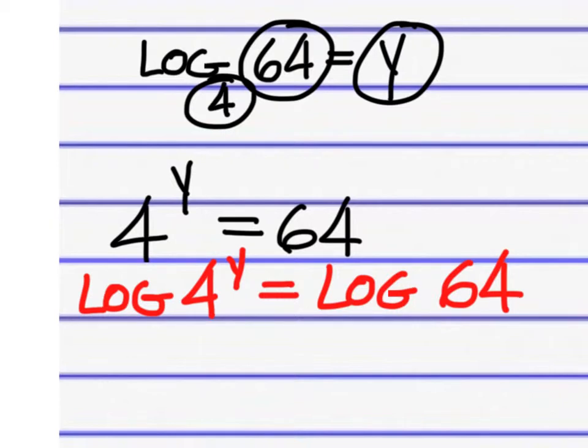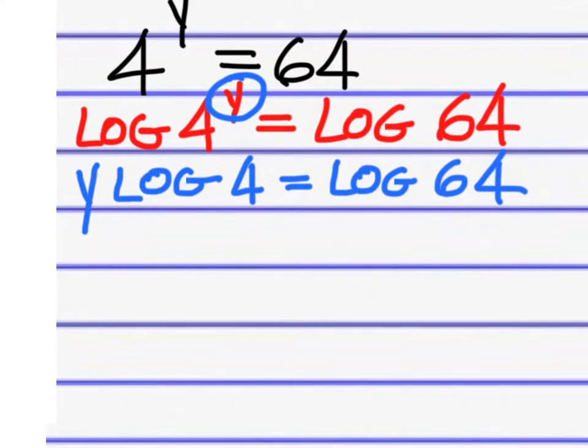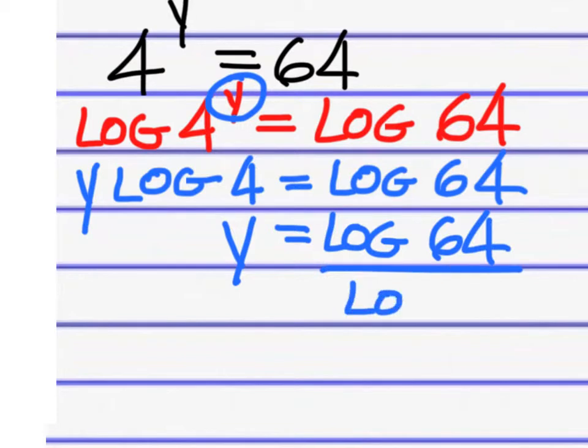So you put a log on both sides. And then next, there is a property of logarithms that says whenever you have the log of something raised to a power, such as y, you can move that power to the left-hand side of the log and make it a coefficient. Move this out to the left, the exponent. And then once you do that, you can solve for that y by dividing the right side by the log 4.